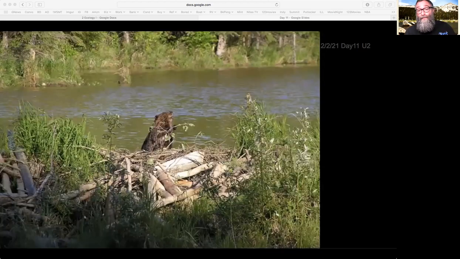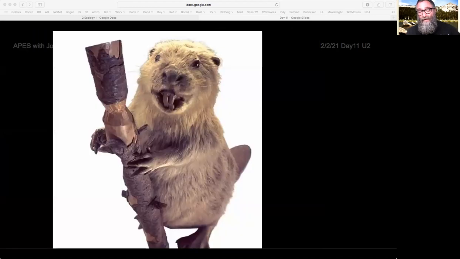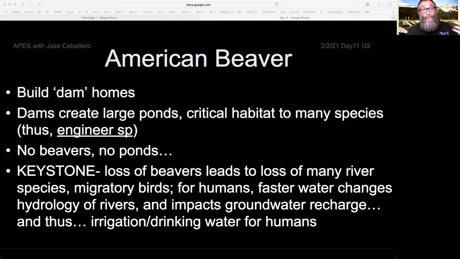Anyway, beavers build ponds. And so this is another example of an engineer species. We shot them all because they have decent fur. They lost all the ponds. Then the ponds means there wasn't any more fish or any more ducks, which really affected our food supply in the Sierra. By the way, that also affected our water supply because those ponds allow for the recharge of groundwater.